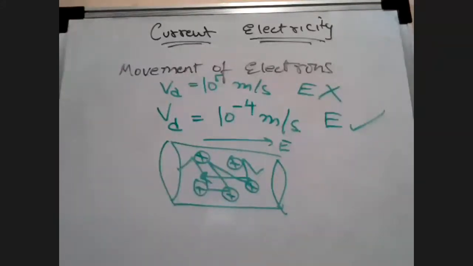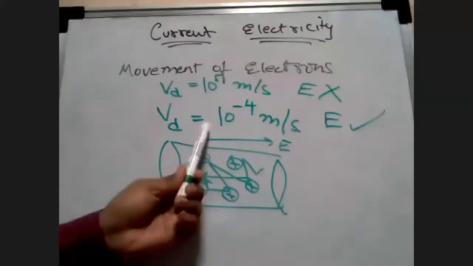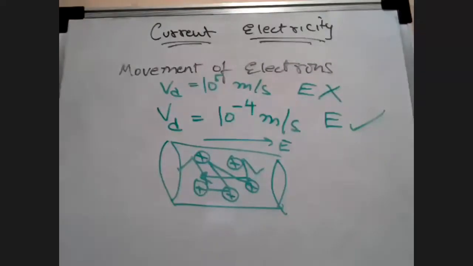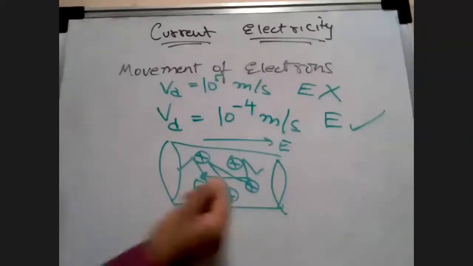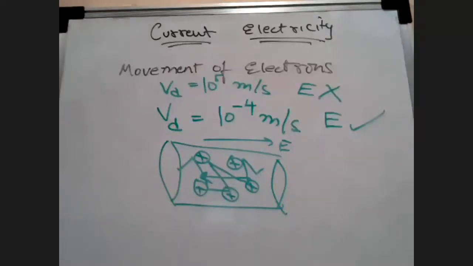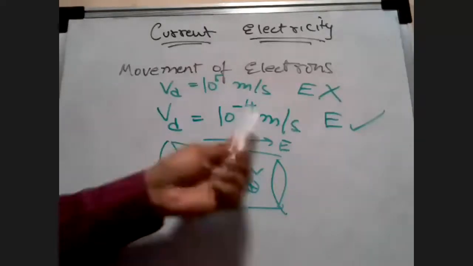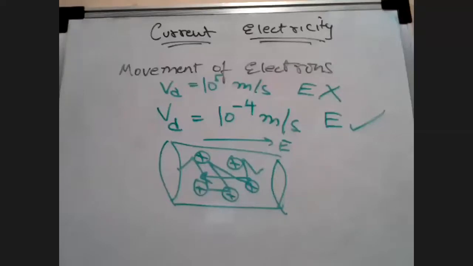But under the electric field, the speed reduces to 10 raised to minus 4 meters per second because the displacement from one point to another is very short. These were some theoretical concepts.